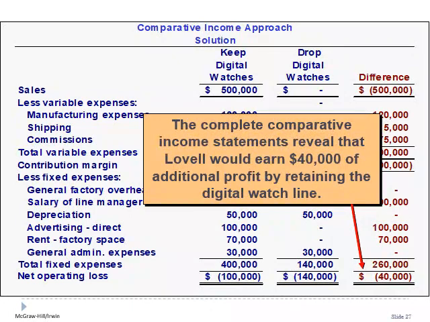We can say this result another way, and we can say that the company will lose $40,000 if we drop the digital watch segment or the digital watch line product. تمام. يبقى احنا ممكن نقولها باكتر من طريقة. المهم احنا بنستخدم هنا comparative income approach، هيوصلني لنفس النتيجة اللي وصلني ليها contribution margin approach. اوكي.